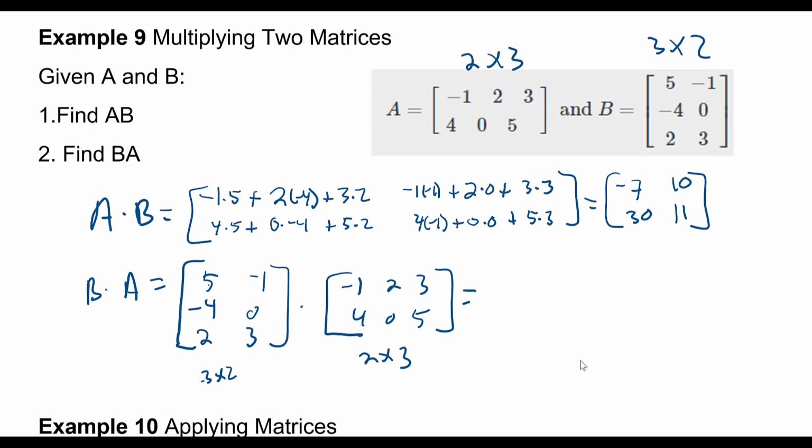So 5 times -1, plus -1 times 4. 5 times 2, and then plus -1 times 0.